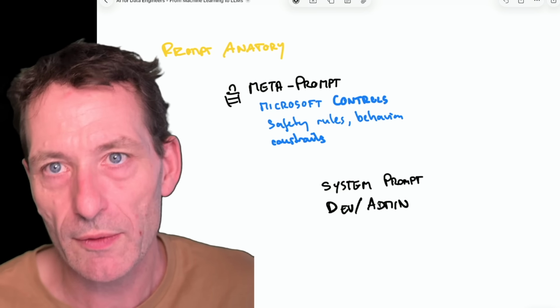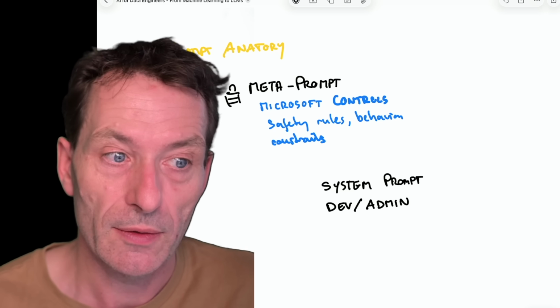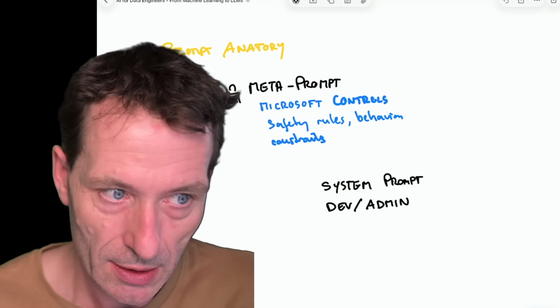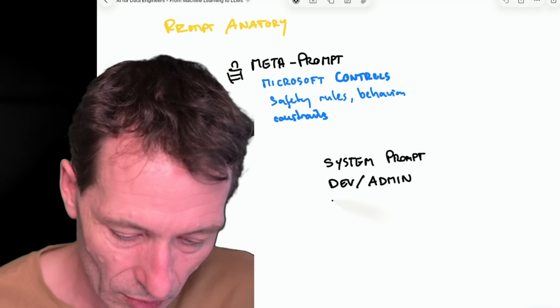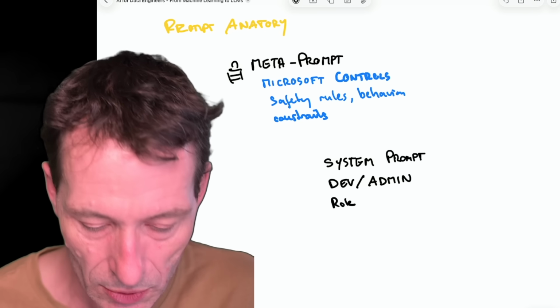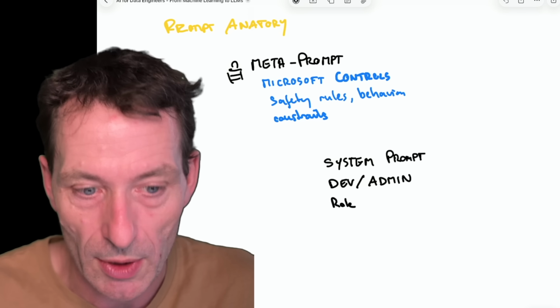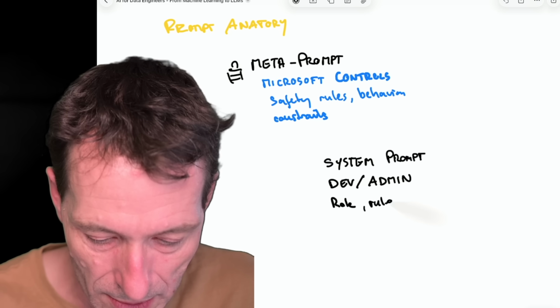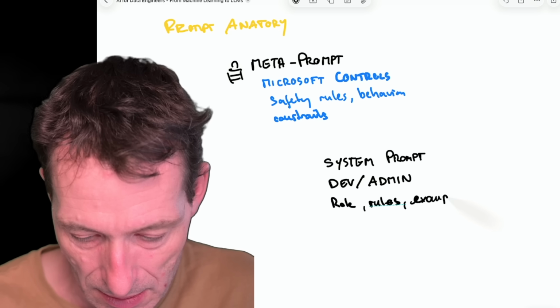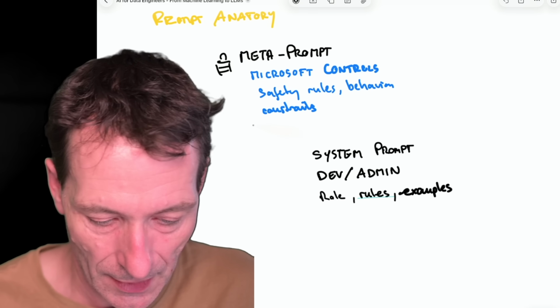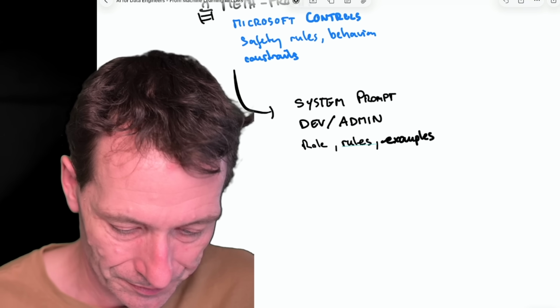When you are the developer, you will define the system prompt. But let's assume you are not, so then this is also defined for you. This includes things like role. You are a poet, you are something, right? Like rules and examples. So this is the first, the second.